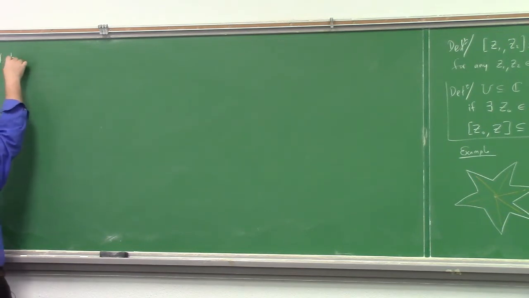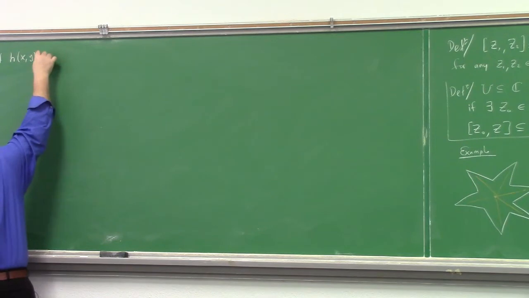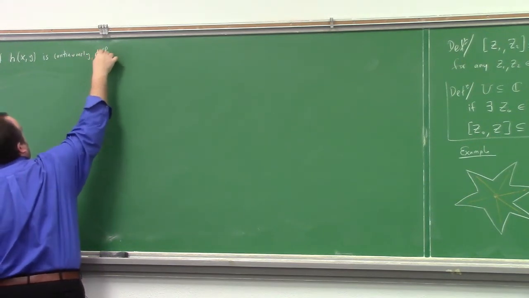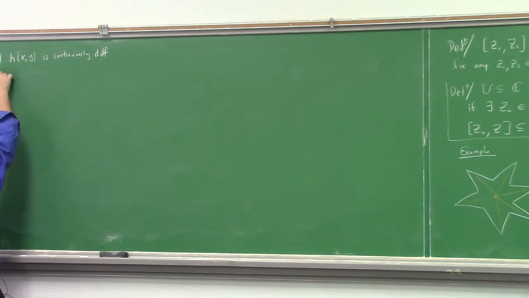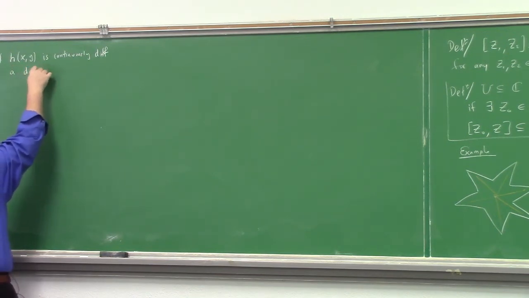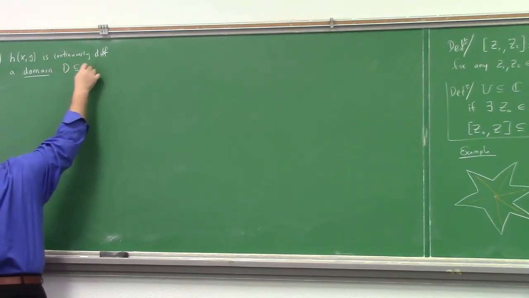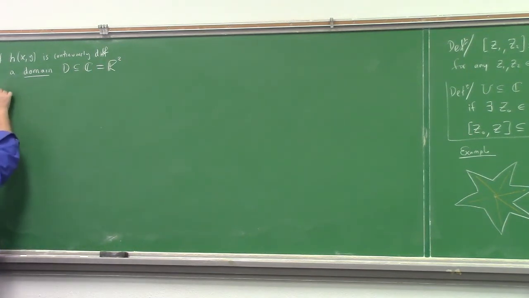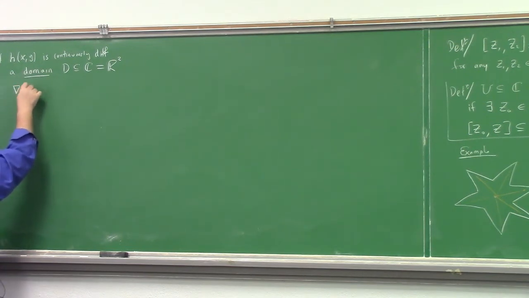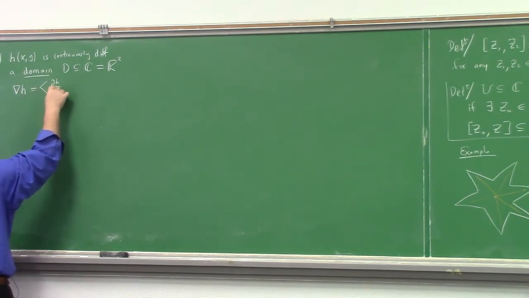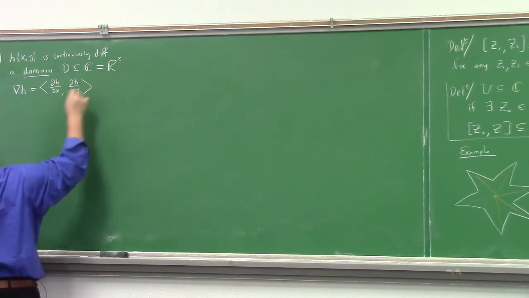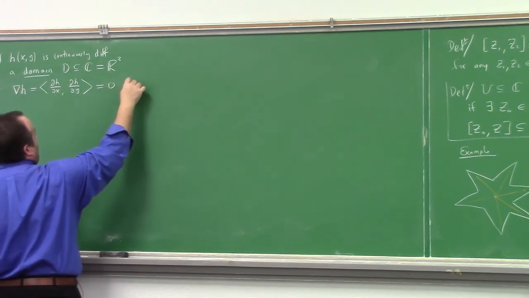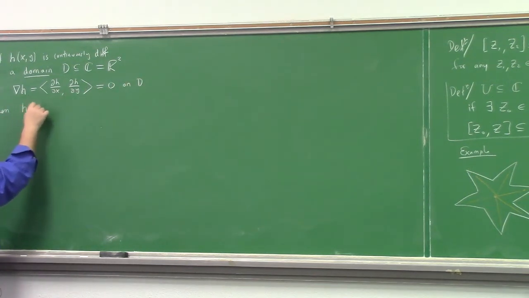If h, which is a function of x and y, is continuously differentiable on a domain D, which is a subset of the complex plane, which we think of as R2, such that the gradient of h, which of course is partial h partial x, partial h partial y (remember our Calc 3), is equal to 0 on D, then h is constant.